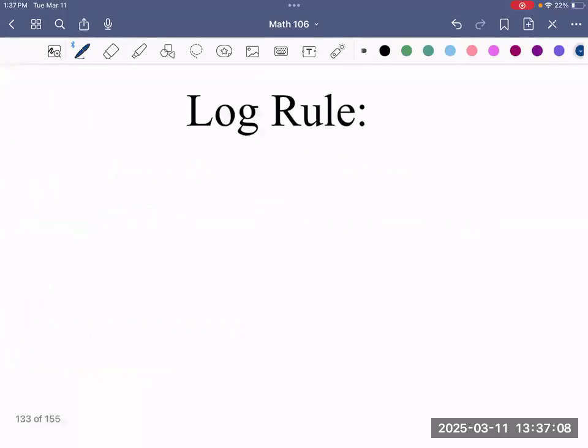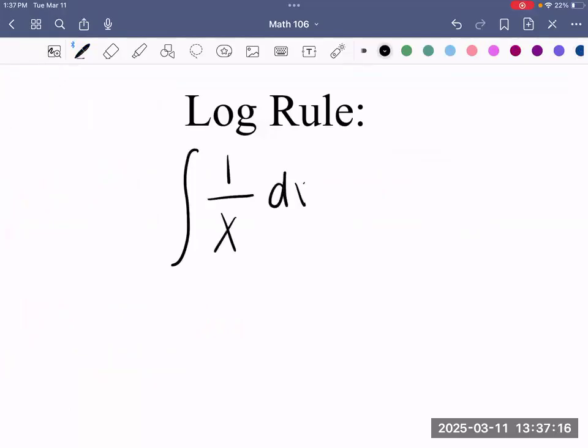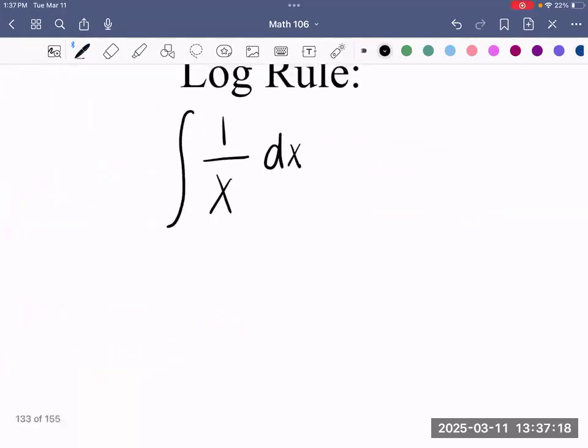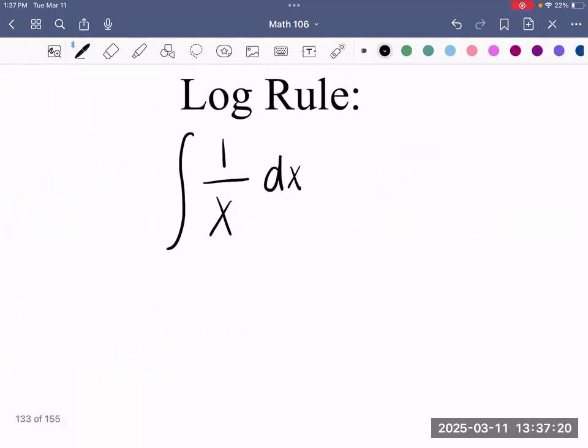Now, because we haven't seen it yet, can you come up with a rule for 1/x dx? Well, it kind of gives it away, right?